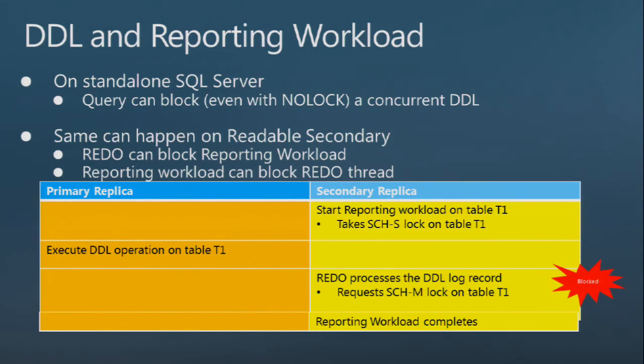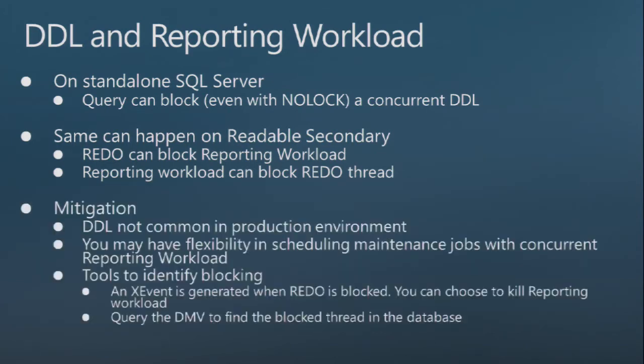So what we have done is we have exposed the right knobs, and we let the customer decide what to do if the redo thread gets blocked. So with that, we feel that the challenges with the blocking caused by DDL operations are somewhat mitigated.